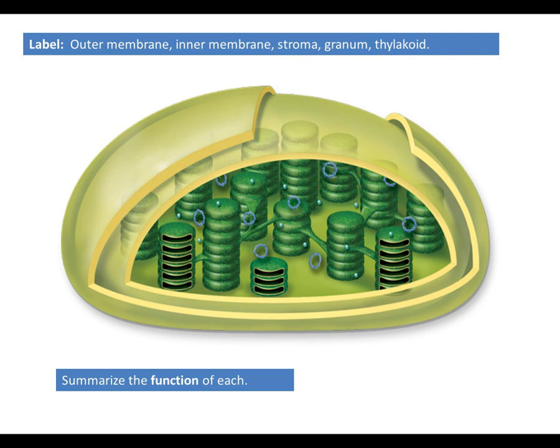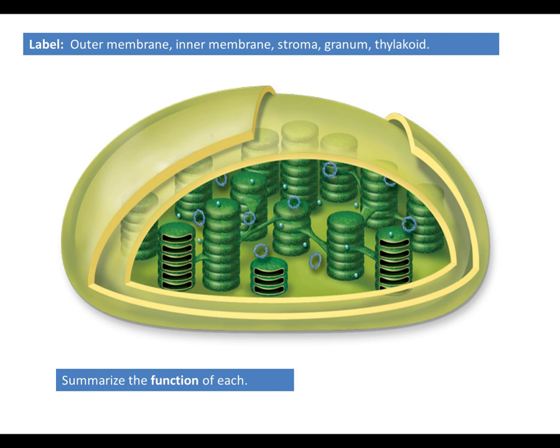Here's where you guys are confused on the handout. I asked you the function of the outer and the inner membranes. For each of those, just write compartmentalization. They're there to compartmentalize the reactions of photosynthesis. Compartmentalize, to contain.